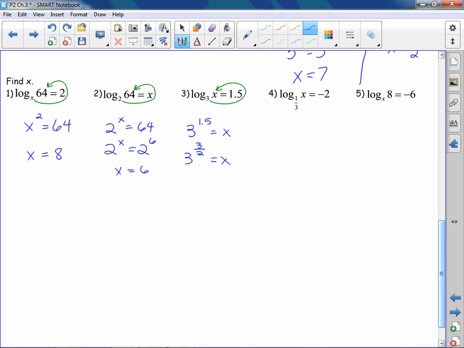Up top is the power or the root? Power over the root. So it's going to be the square root of 3 cubed. I have 3 3's under there. It's really 27, so it's 9 times 3. So it's 3 squared times 3 to the first. The square root of 3 squared is 3, and you have a square root of 3 left.